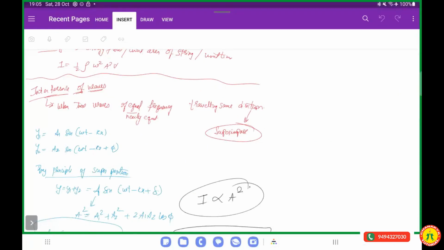Okay. So yesterday we started here interference of wave. So do you remember what is interference? Anyone?